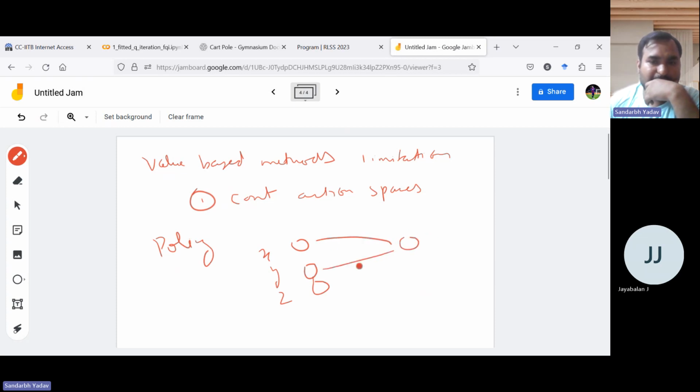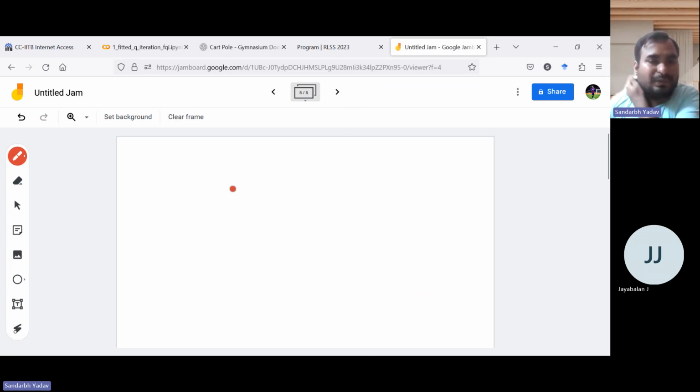You have this network with hidden layers in between, and this neural network can simply predict a continuous action. This is the advantage of policy approaches: they can work very well in continuous action spaces, whereas value function based approaches generally don't work well. So there is one more concept which you remember, this one.